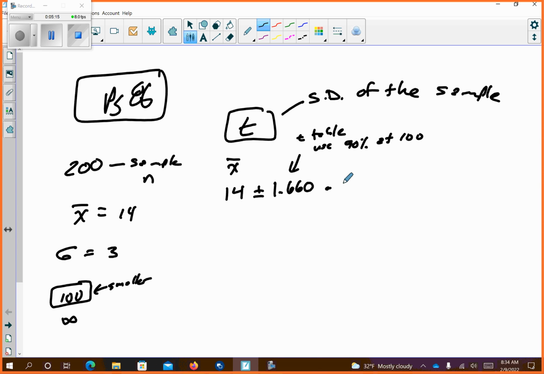And then times our standard deviation divided by our sample size, which is 200. Okay? So would somebody do this math right here? So we're going to have 14 plus or minus something. I don't know what it'll come out to.